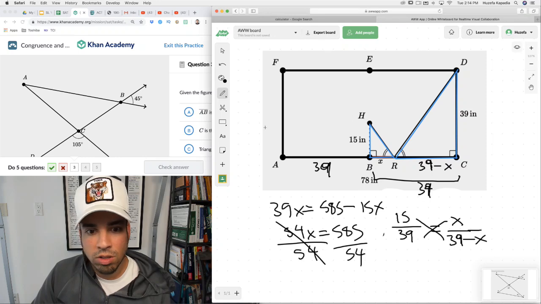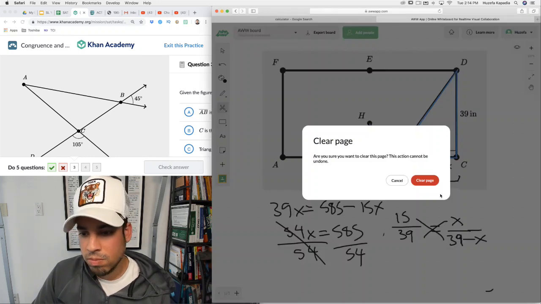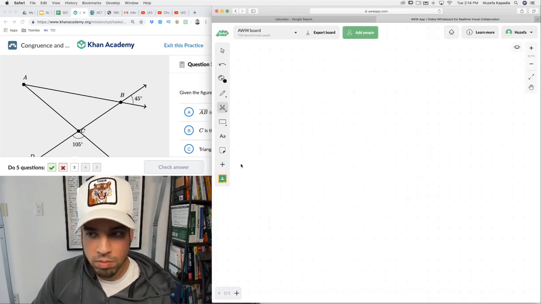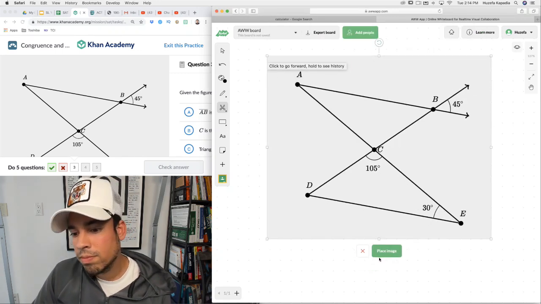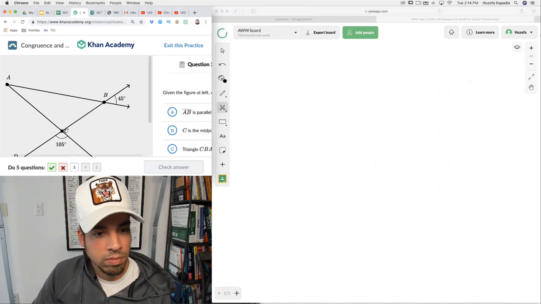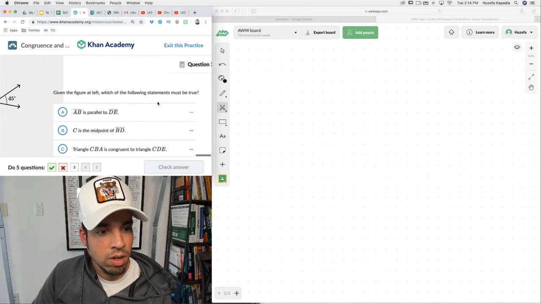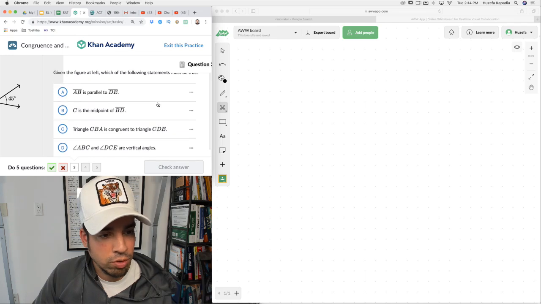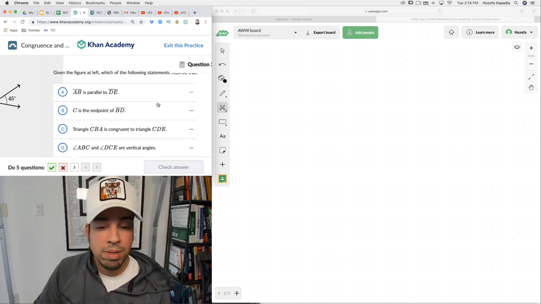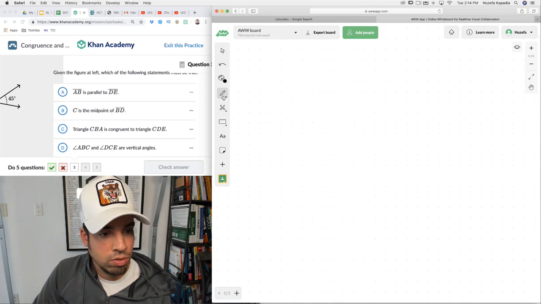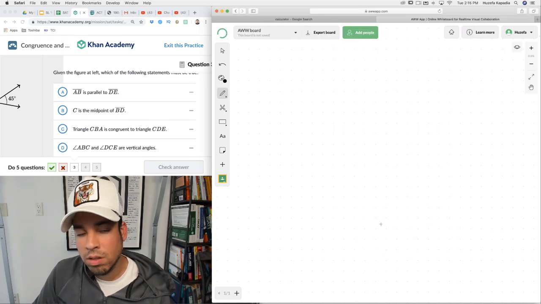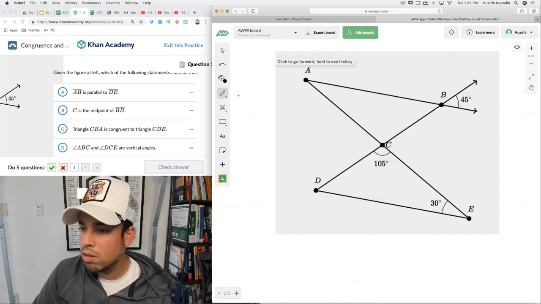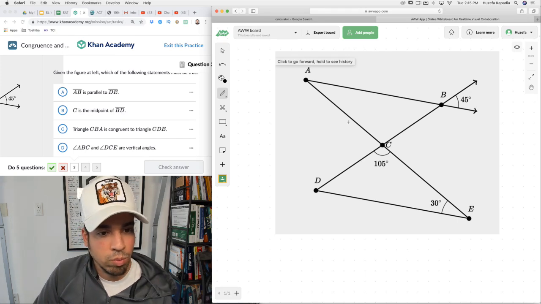Okay, so given the figure at the left, which of the following statements must be true? AB is parallel to DE. Nope, it didn't load. Hold on. All right, so which of the following must be true?